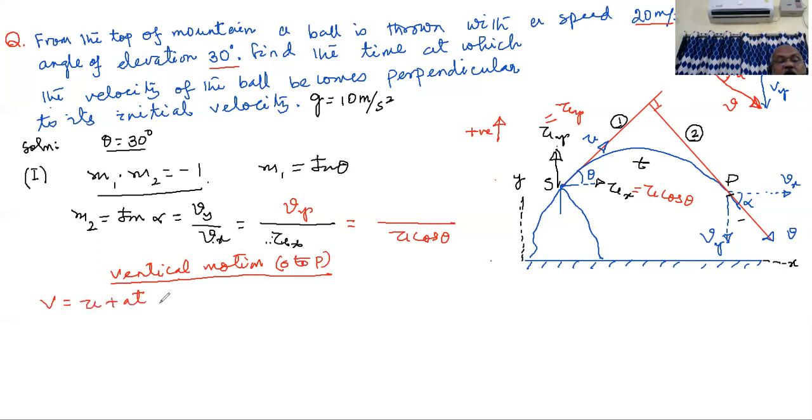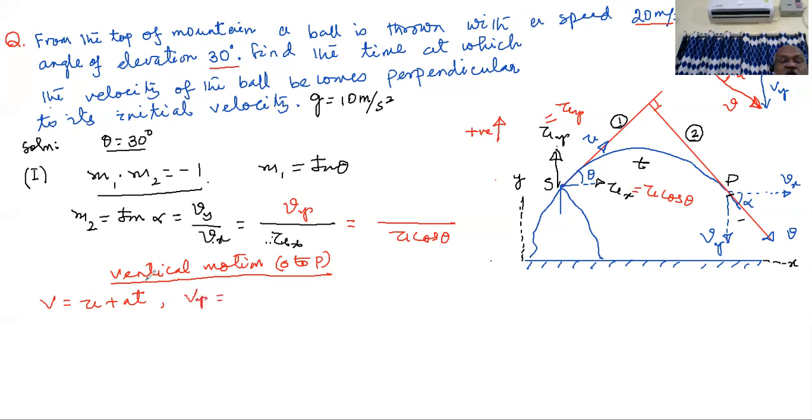Automatically the terms of the equation should mean, v means velocity here, but under this heading v is vertical velocity and v is final vertical velocity, and you know the final point is point P. So automatically v means that is Vy.